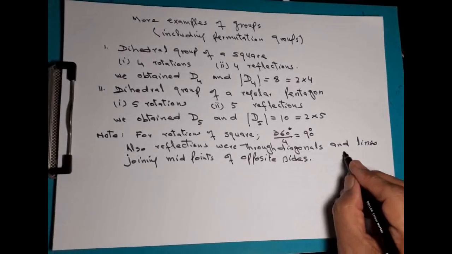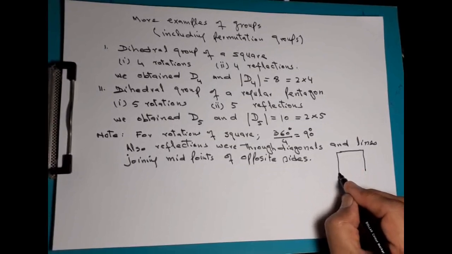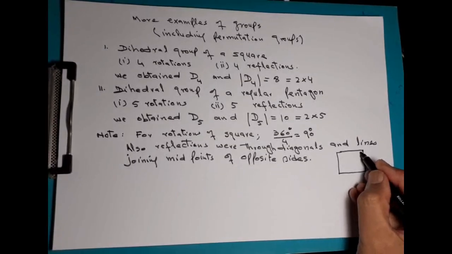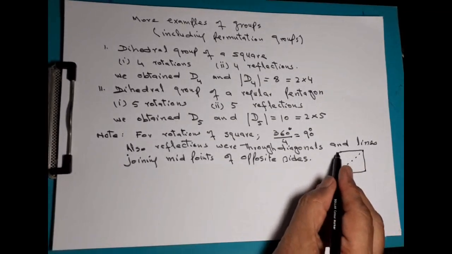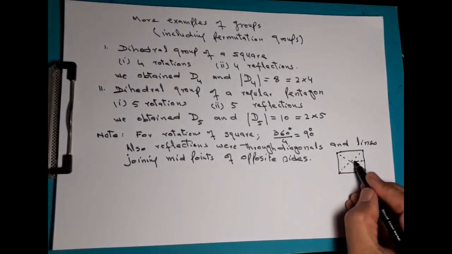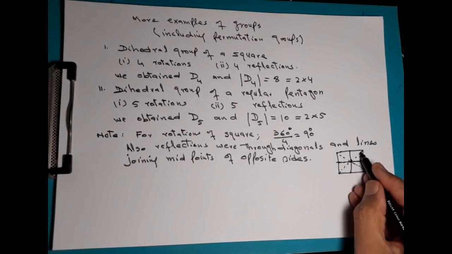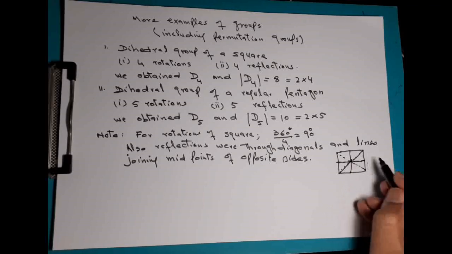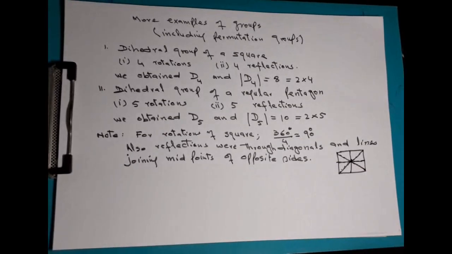We can just see it like this. This is about reflections. So our reflections were through diagonals. So these are 2 diagonals we took reflection through, and then through lines joining midpoints of opposite sides. So diagonals and lines joining midpoints of opposite sides. So these were the lines we took reflections about.